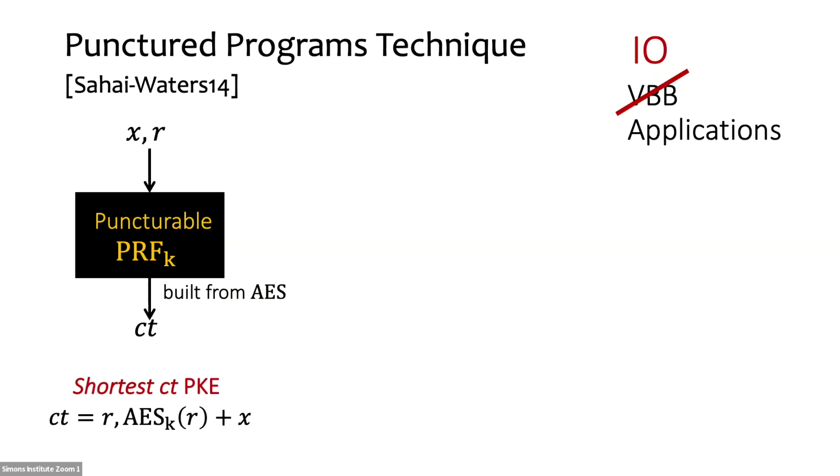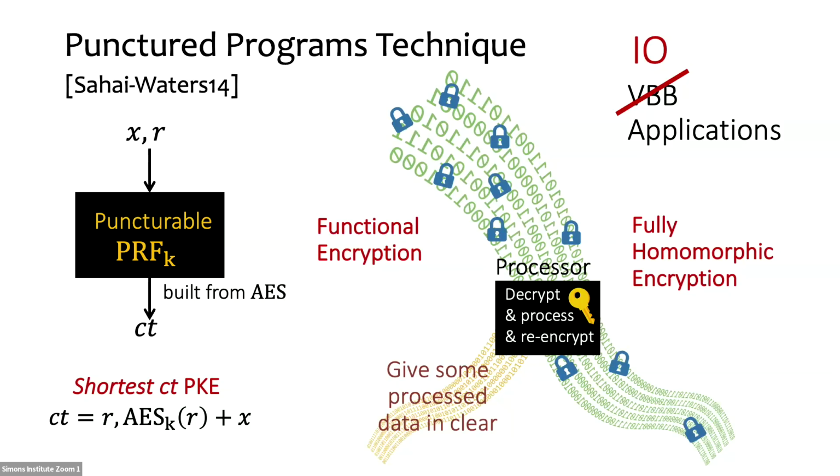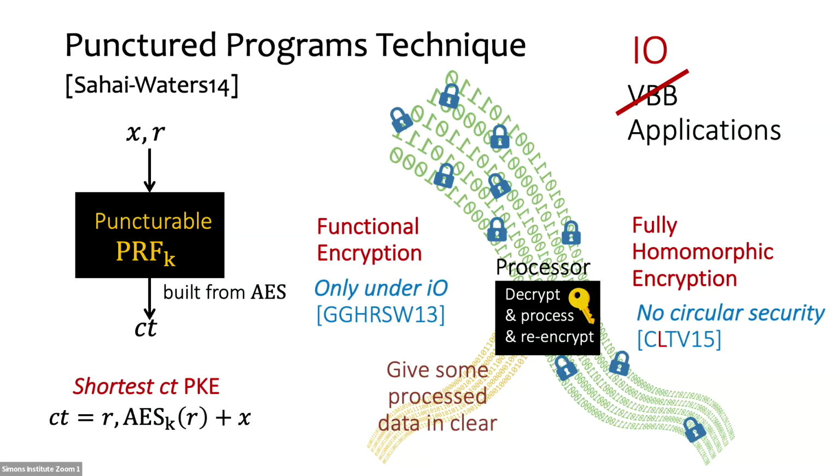And because we can actually implement a puncturable PRF using AES, this would already give us the shortest ciphertext public key encryption. We can also use this technique to implement fully homomorphic encryption, interestingly without relying on any circular security, and the functional encryption primitive, which is currently only known under IO.